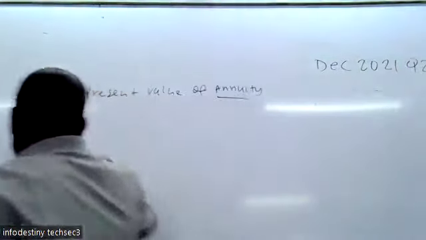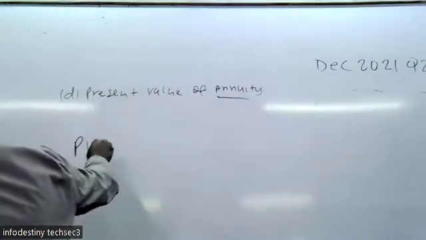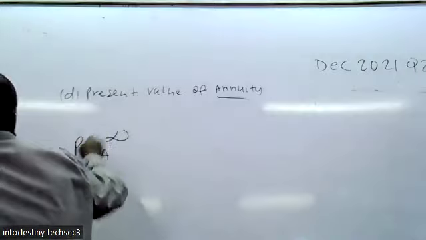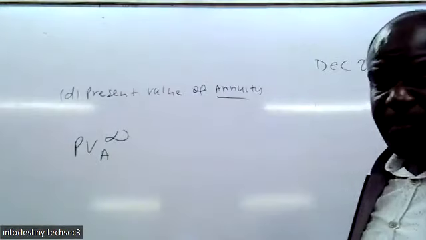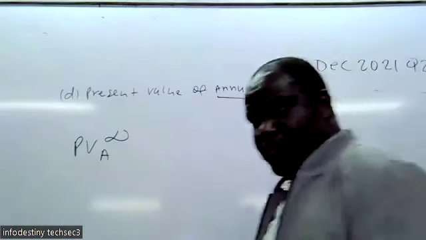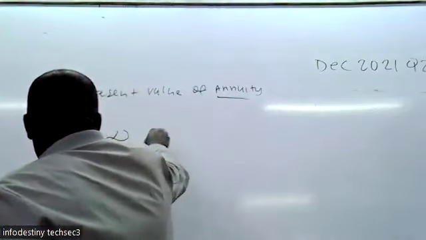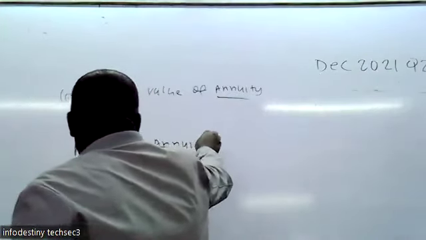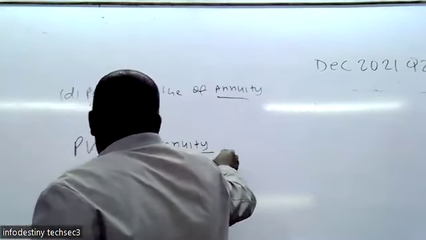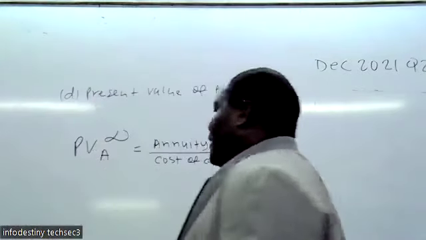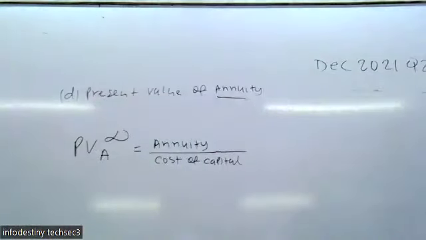So to compute the present value of the annuity up to infinity, it will be given by the annuity divided by the cost of capital.